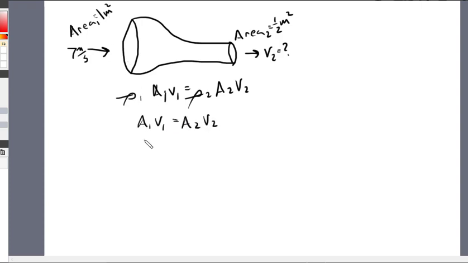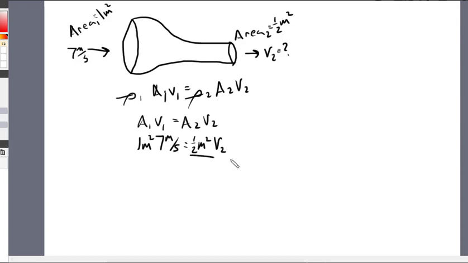Area on the left here is 1 square meter times 7 meters per second is equal to 1/2 square meters times V2. Okay, how do we get V2 by itself?